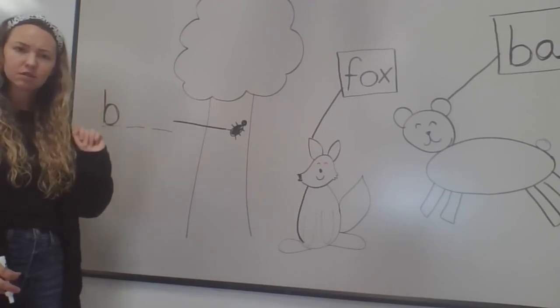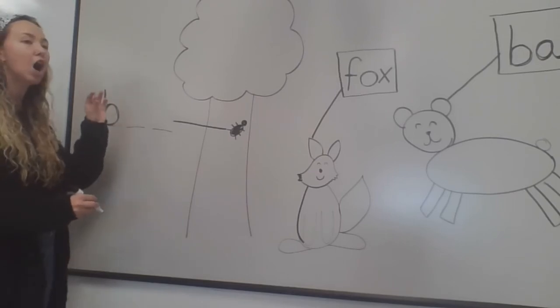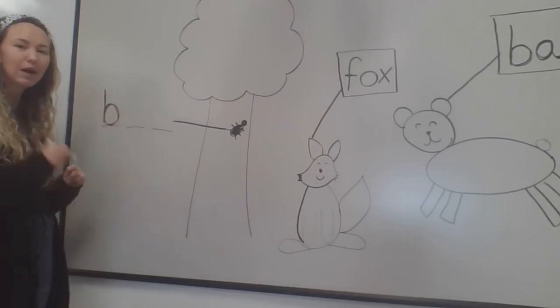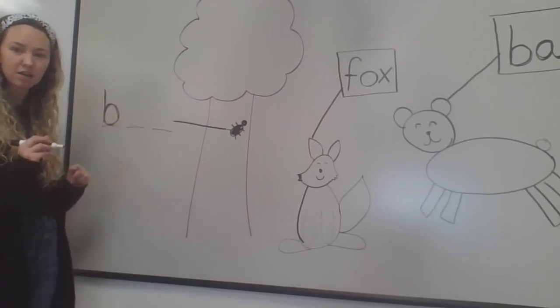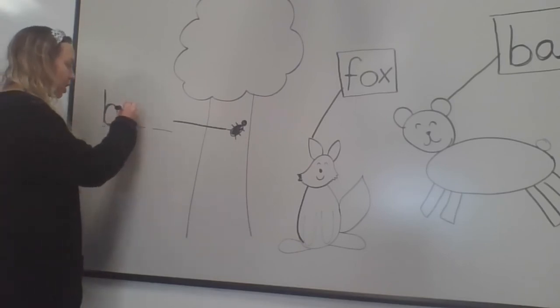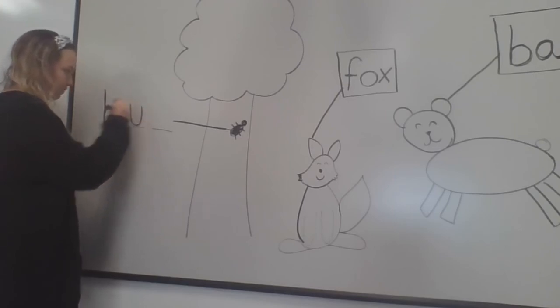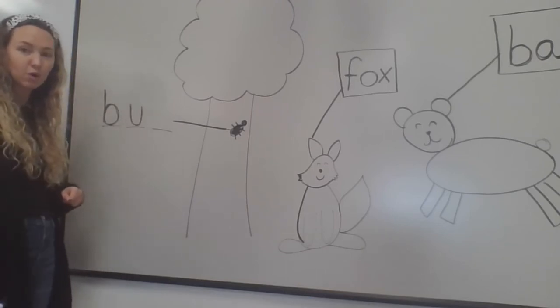What was that next sound? You're right. And what letter says that? Yes, U. So we're going to write a letter U to show the sound. Go ahead and write letter U on your paper.